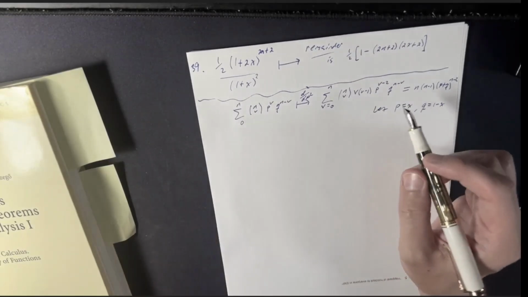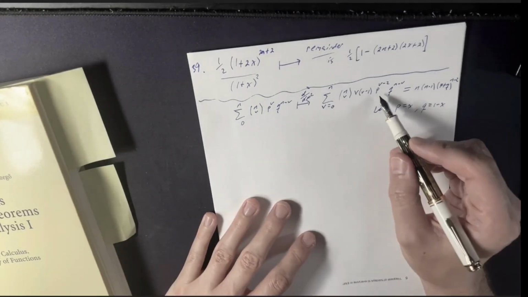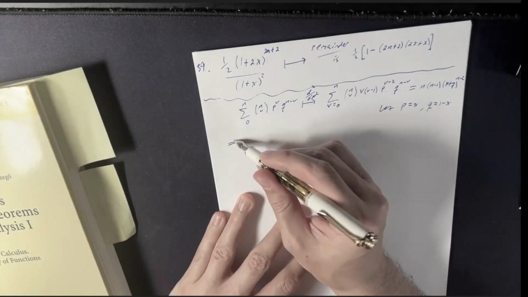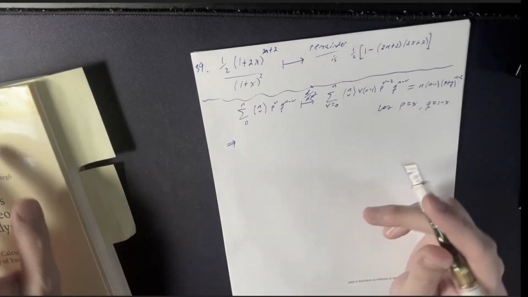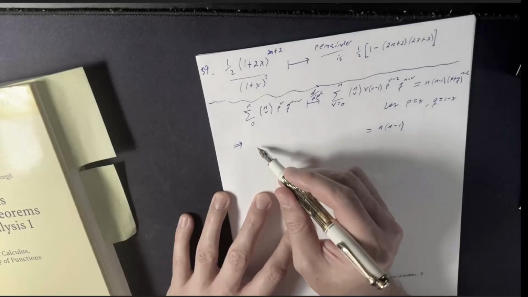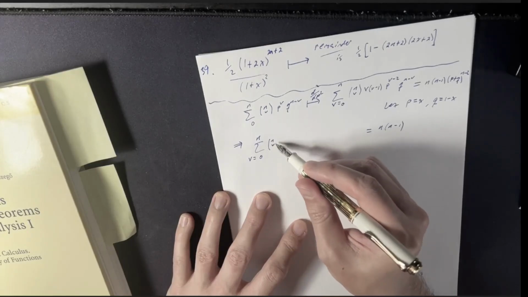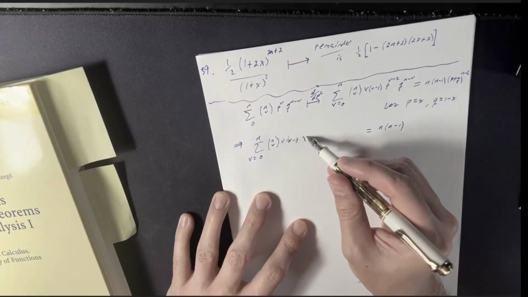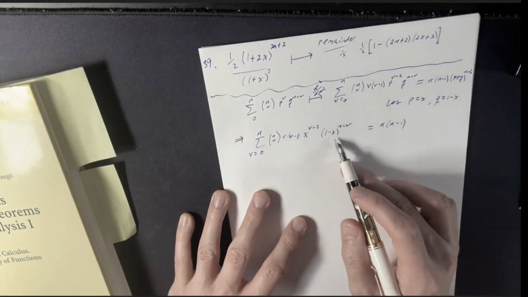So you get the 2, I didn't write it down here, but you're basically getting n times n minus 1 on the right hand side, and on the left we've got this, we've still got these 2 terms. This has become x, and 1 minus x. So this part's matching up.